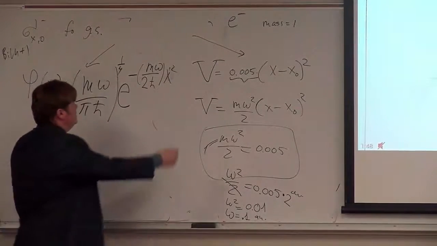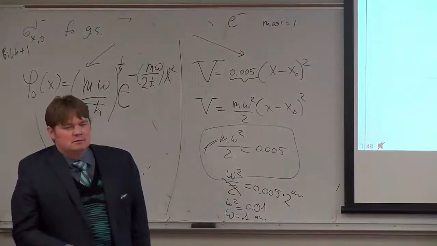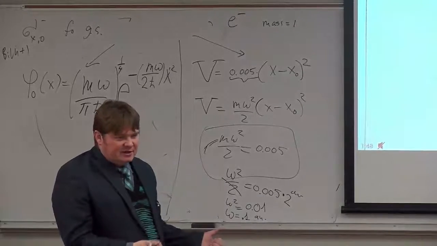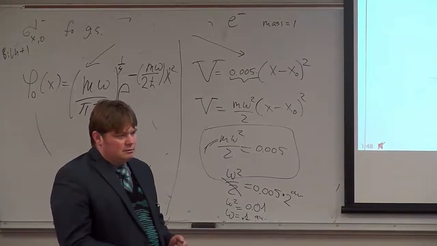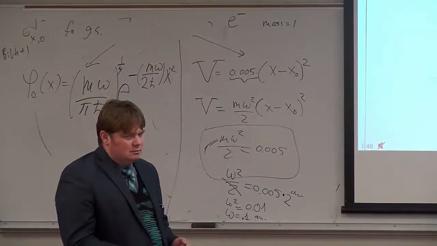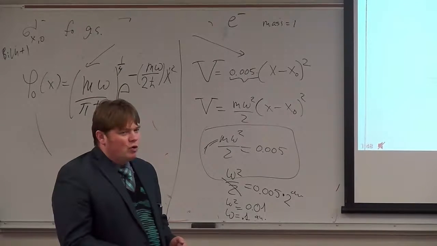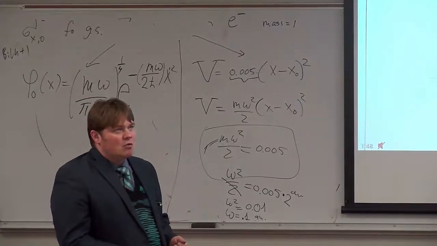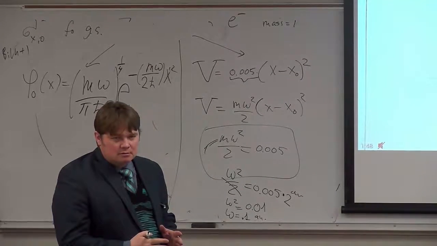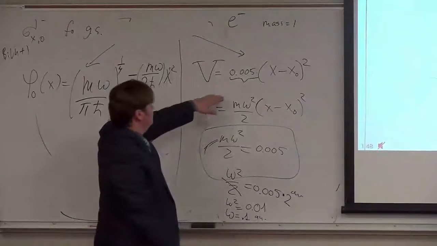So, the question is to make a connection between the left and right side, to express what the ground state variance will be for these parameters of the oscillator.